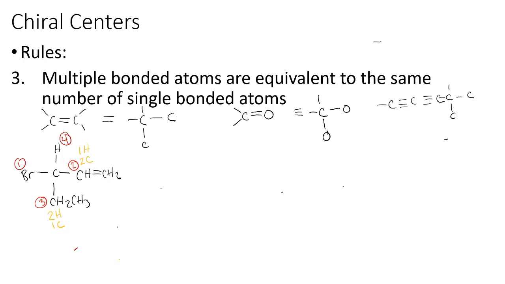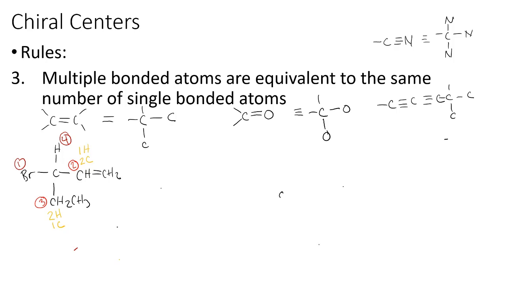We may see the same thing with our nitrogen. So if we have that cyano group in our structure, where we have the carbon triply bound to the nitrogen, I would end up saying, for my priority's sake, that that carbon atom is bound to 3 nitrogens because of the triple bond when I'm counting for priority only.